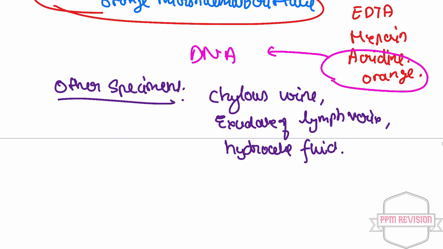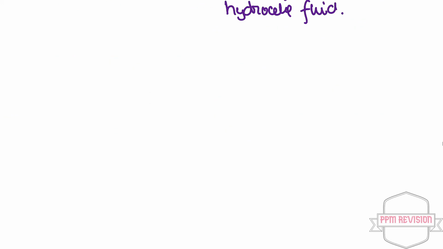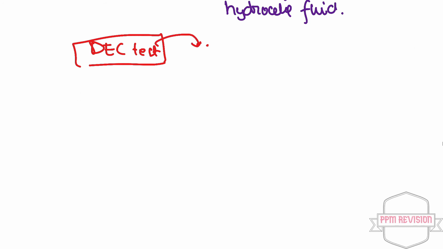Now there is also the concept of the DEC test. It is nothing but the diethyl carbamazine provocation test. So here the microfilaria is induced and appears in blood during the day by giving diethyl carbamazine in a single dose.